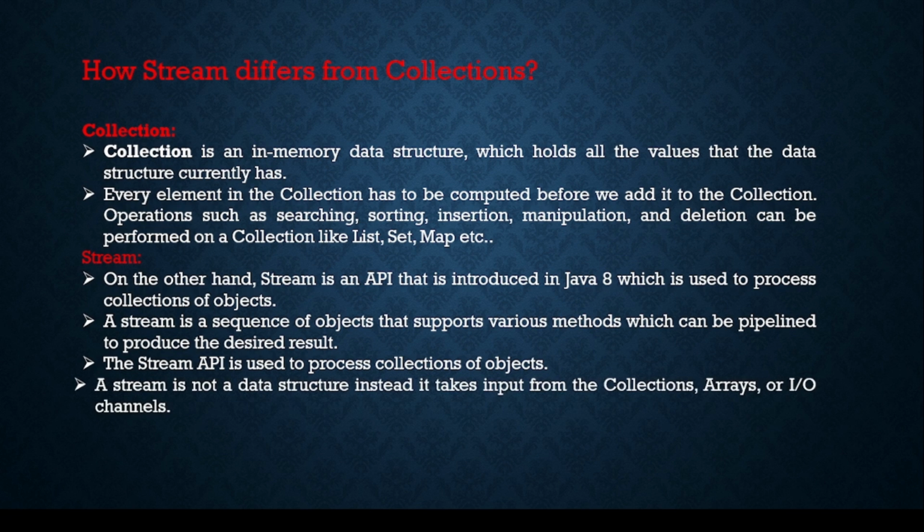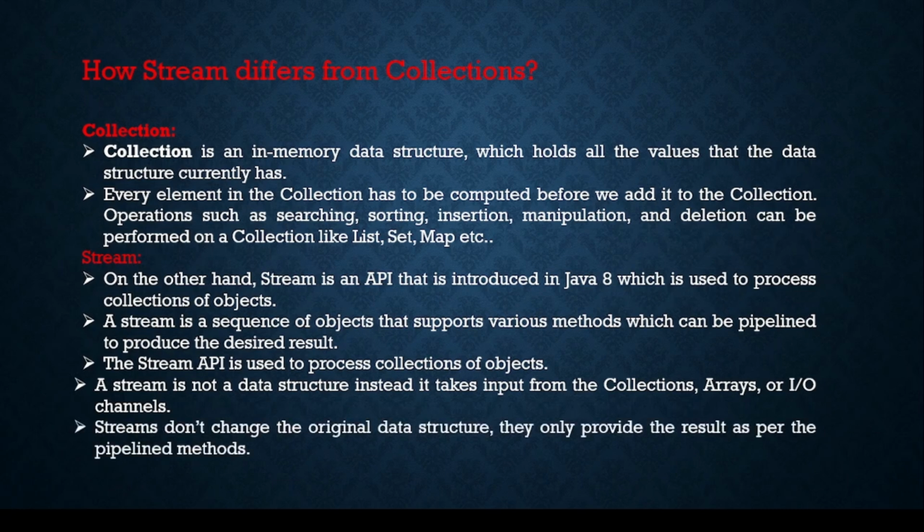Collection is a data structure, whereas stream will instead take input from a collection, IO channels, arrays, or any kind of source, and then just perform the operation. That is the job of the stream. Stream does not change the original data structure. This point I have already addressed before. So that is all about the difference between collection and stream.